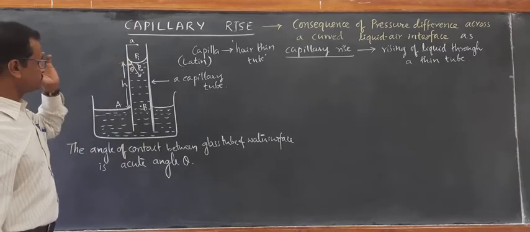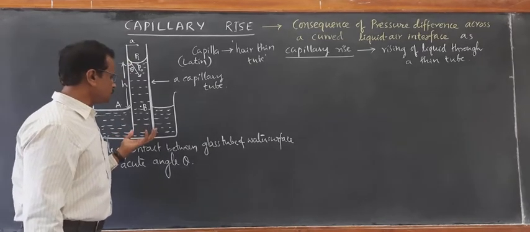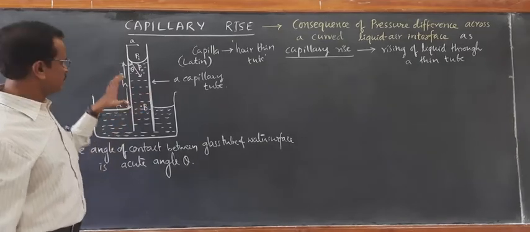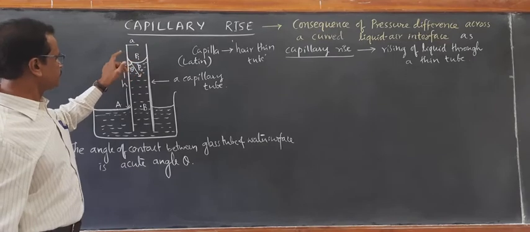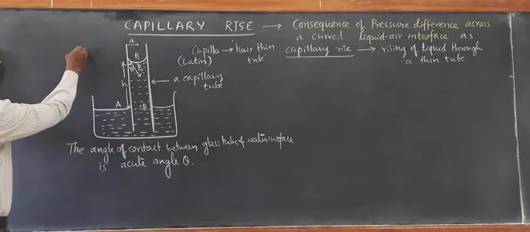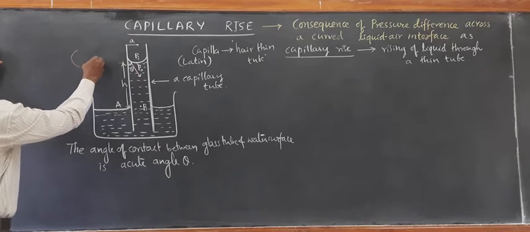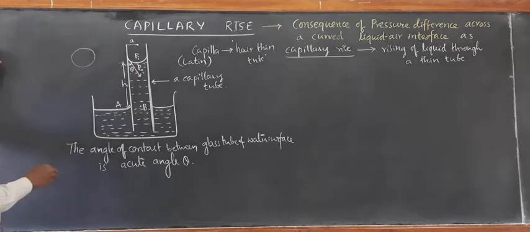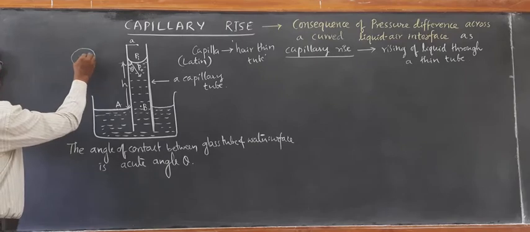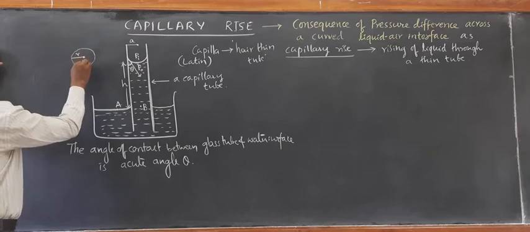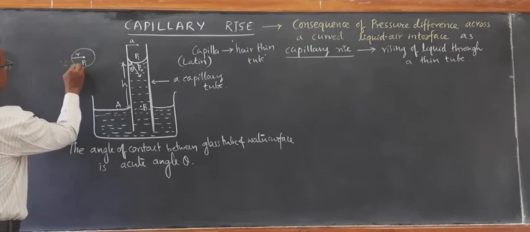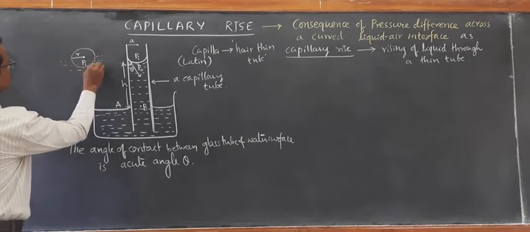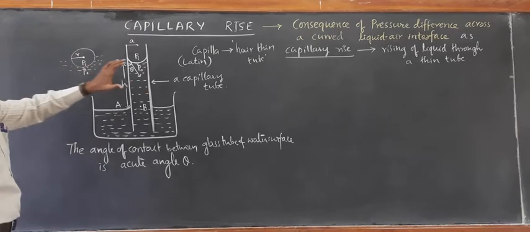This pressure difference causes the water level to rise until it reaches equilibrium. You can imagine that it is a part of a spherical bubble of radius r, where we find Pi as the internal pressure and P naught as the external pressure. I think you got the point now.